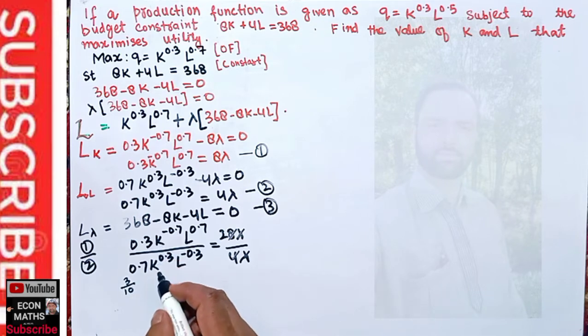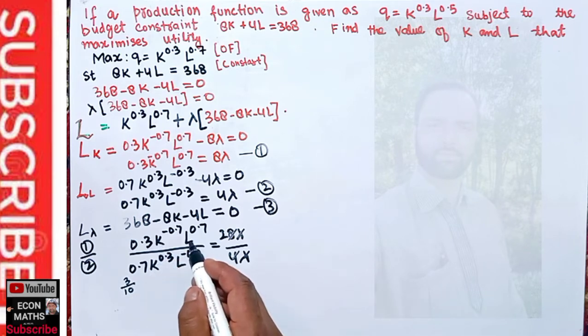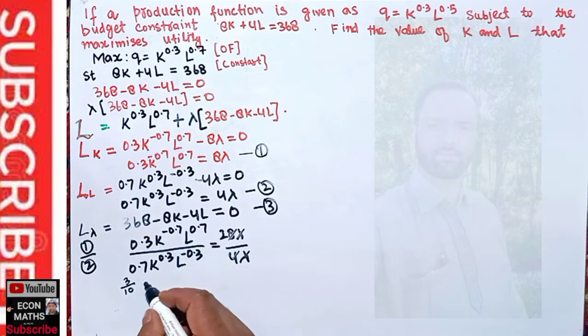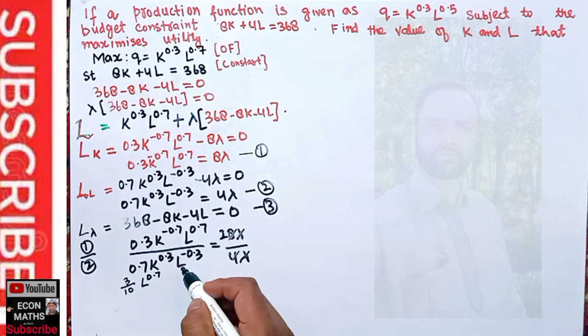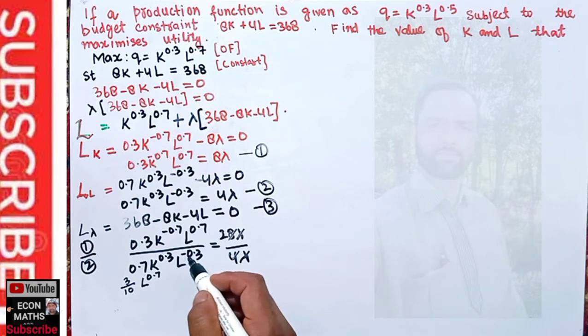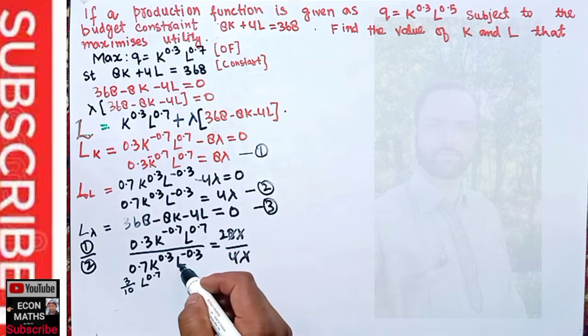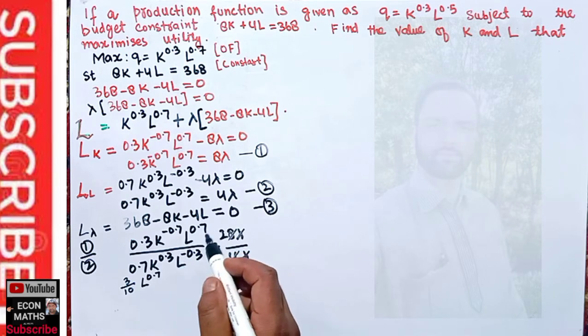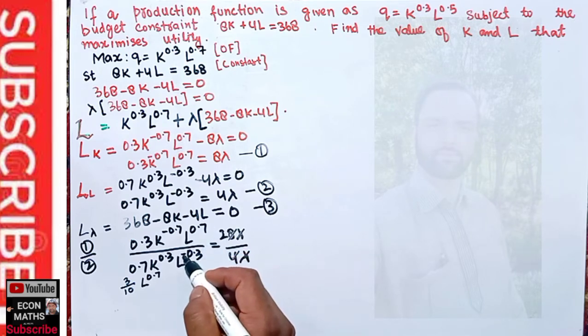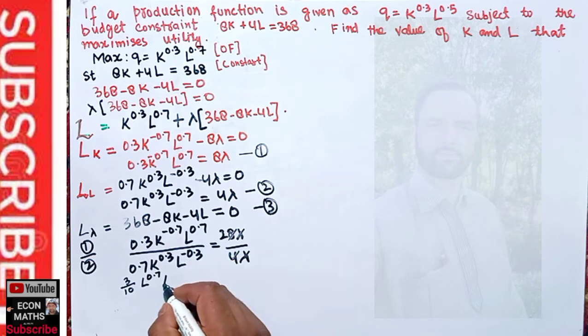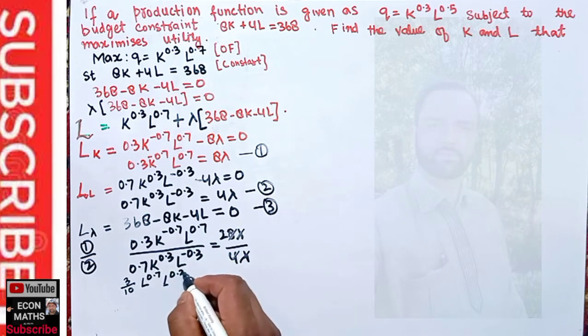Okay, what will we do? Here we will write first this L to the power 0.7, and this L to the power minus 0.3, when transposing to the numerator, the exponent becomes positive. Here it is negative, it becomes positive, so we have L to the power plus 0.3.